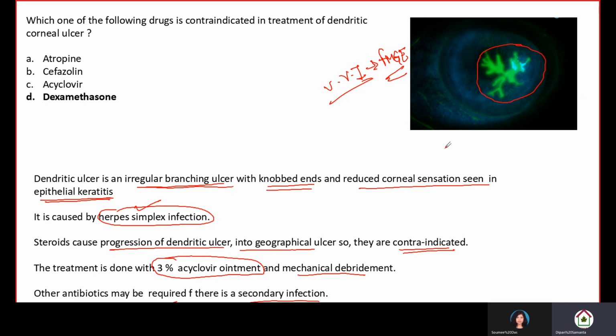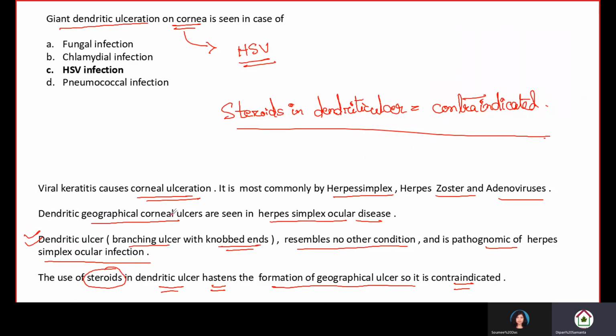If there is dendritic ulcer in herpes simplex infection, then we do not use steroids. Why? Because steroids will hasten the formation of geographical ulcer from the dendritic ulcer, and so it is contraindicated.